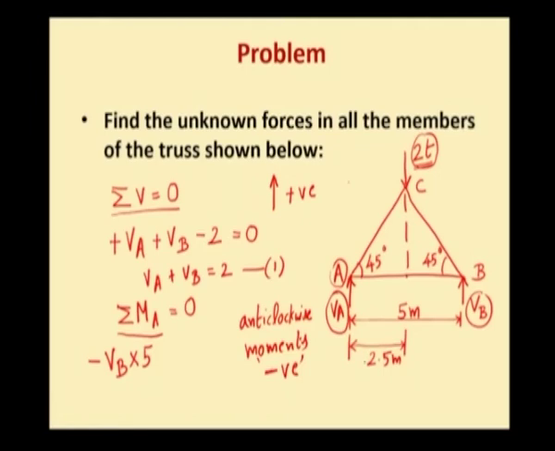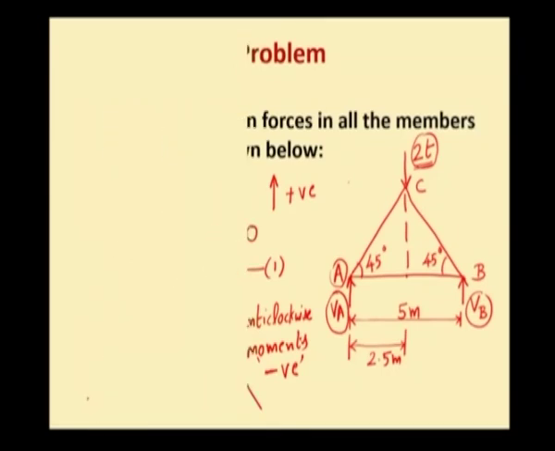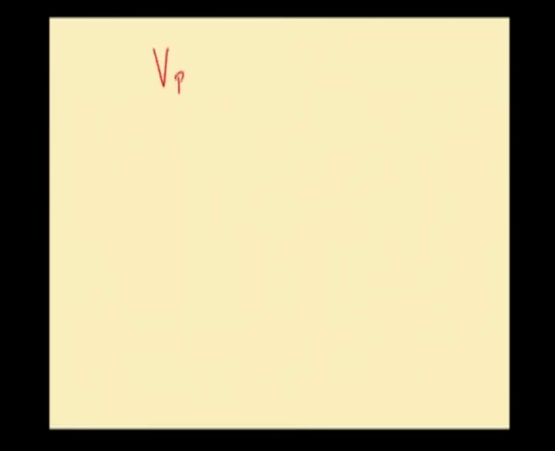So, this distance will be 2.5 meter. Now, the 2 ton force creates a clockwise moment about A, and clockwise moment will be positive. So, it will be plus 2 ton force into the perpendicular distance 2.5 meter. So, this is equated to 0. VB will be equal to 5 divided by 5, which will be equal to 1 ton.